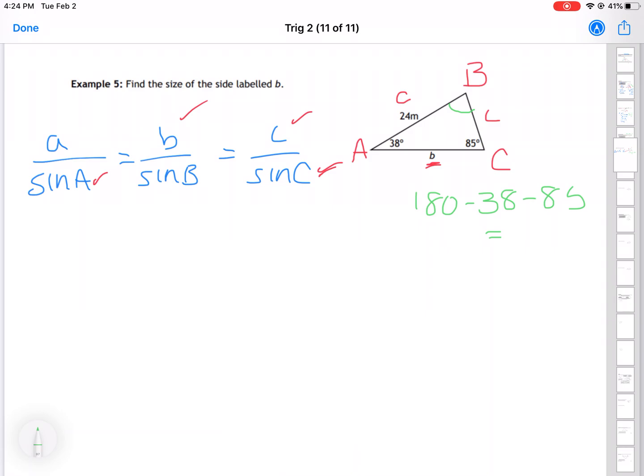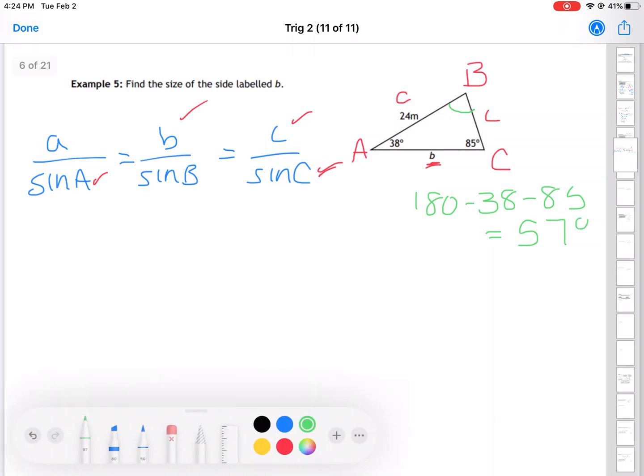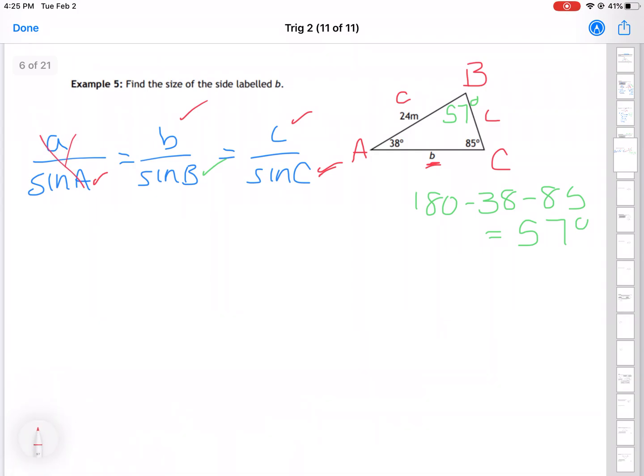And angle B then is 57 degrees. So this angle up top here is 57. Having calculated that, I can now tick it, which means I want to use parts B and C in the formula.